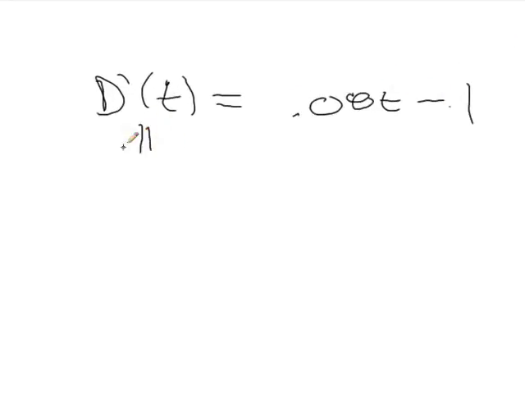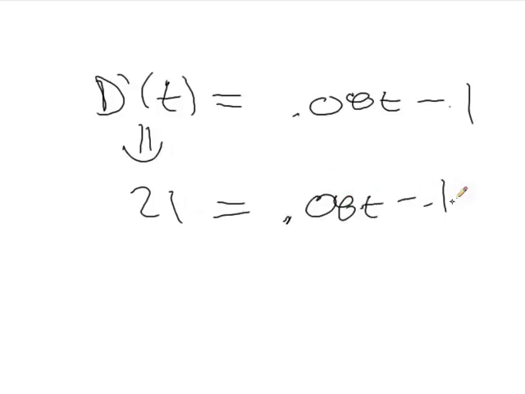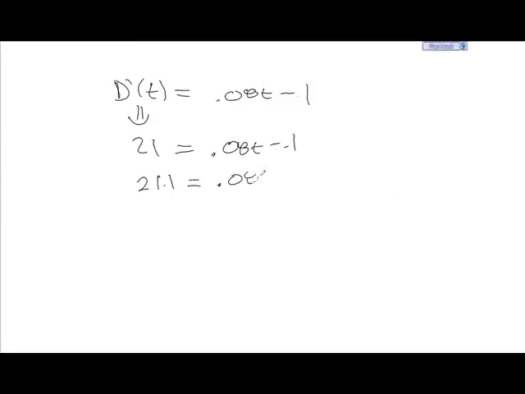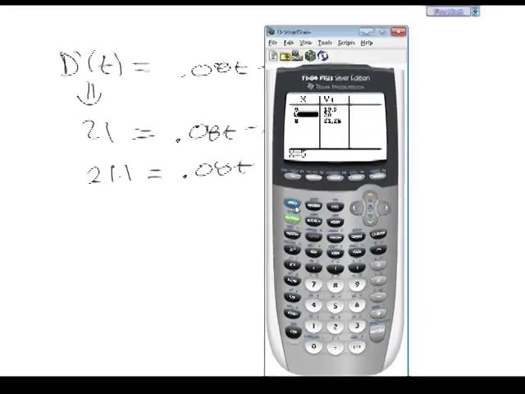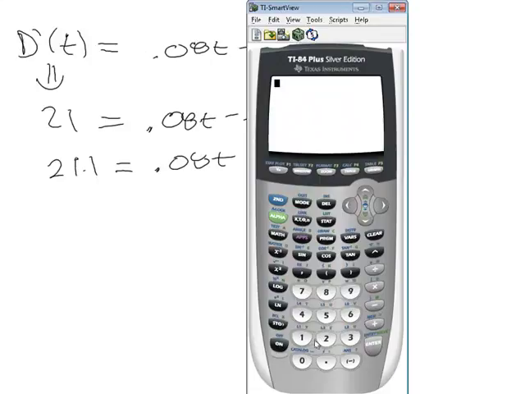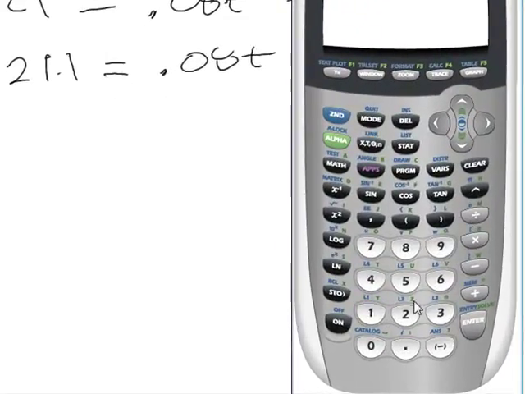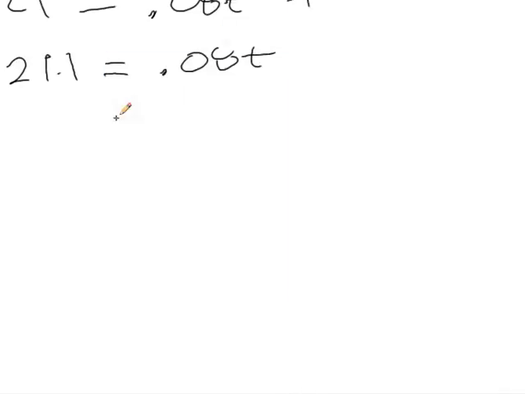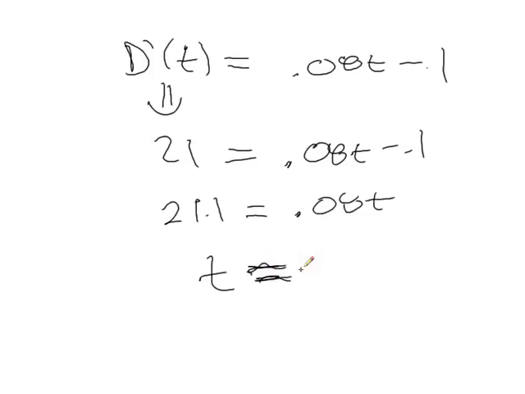And so I want this guy to be 21, 0.08t minus 0.1, which means 21.1 equals 0.08t. And when I divide those, 21.1 divided by 0.08, I get 263.75. So t is equal to 263.75. So what does that mean?